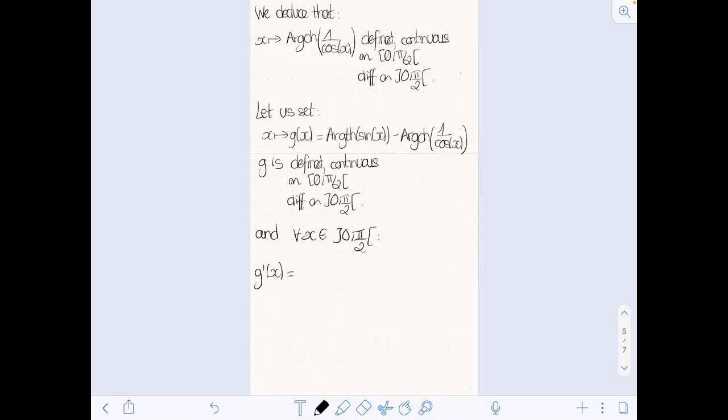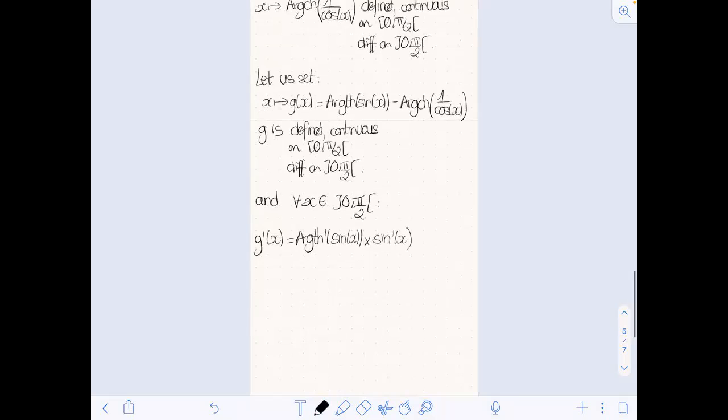So maybe I can write that slowly. You get argth prime applied to sine of x times sine prime of x. That's the chain rule, minus argch prime applied to 1 over cosine of x times the derivative of 1 over cosine.